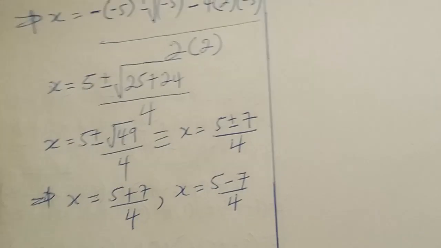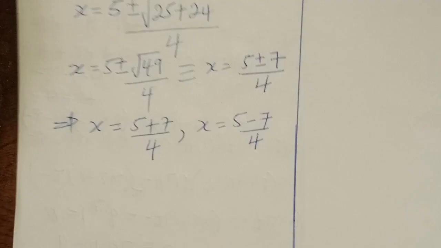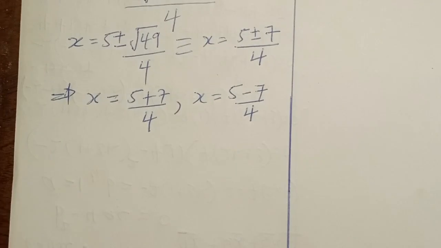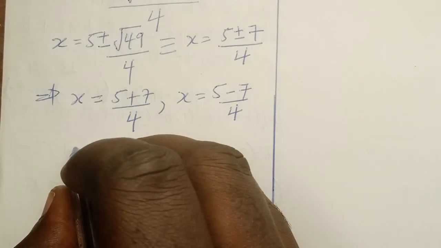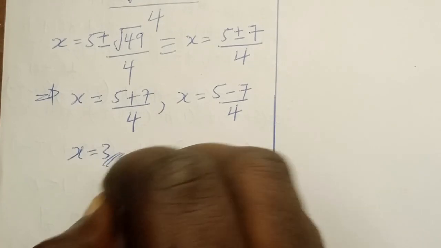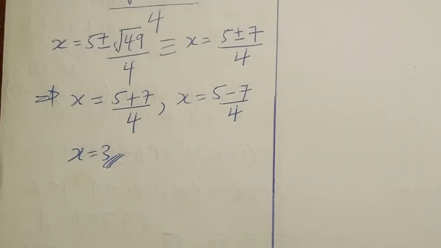Let's see what value of x is going to come out. Okay, so 5 plus 7 is 12. 12 divided by 4 is 3. It means that x is equal to 3. That's the first value of x. Let's try this. 5 minus 7, we have minus 2.